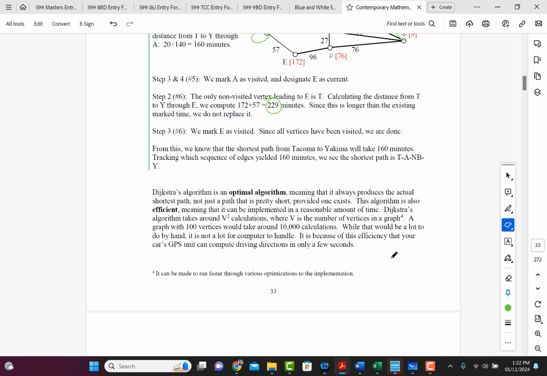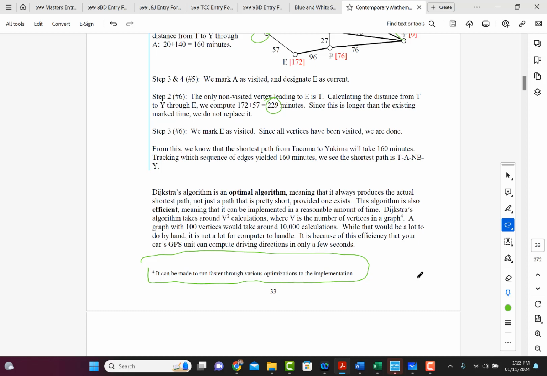As we look at the footnote here, it says it can be made to run faster through various optimizations to the implementation of the algorithm. A graph with 100 vertices will take around 10,000 calculations, but with a computer, that's nothing.